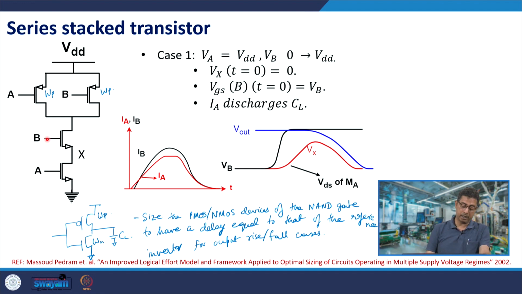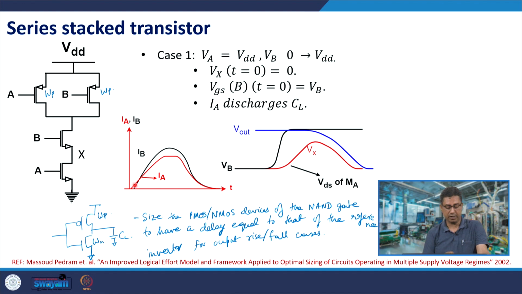And in the second case, we would consider that B is at VDD and A is switching from 0 to VDD. As we will discuss further, the second case would have a larger delay. So, we would size the transistors in such a way that they match the inverter for the second case, because that has a larger delay. That is the approach taken by the authors in this paper.